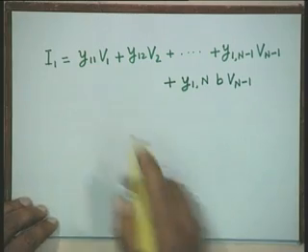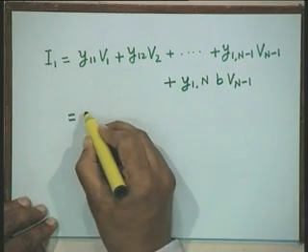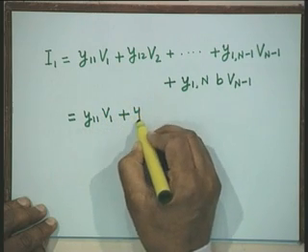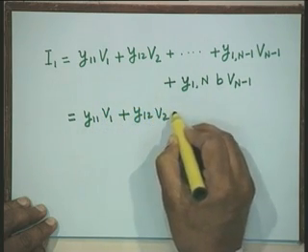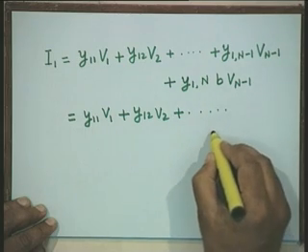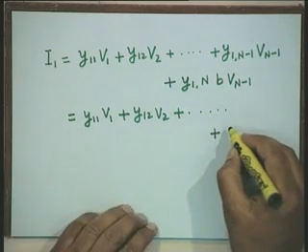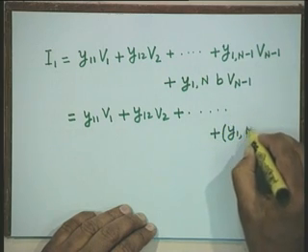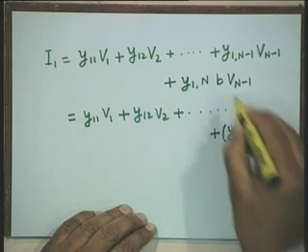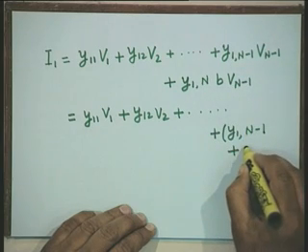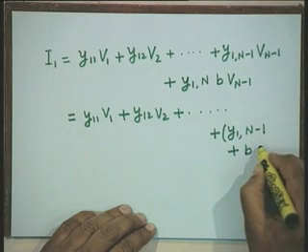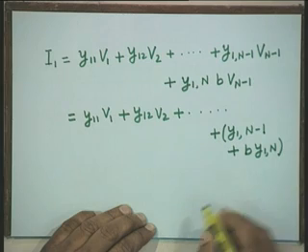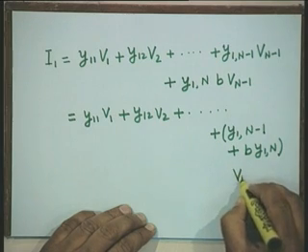Okay. Therefore, this equation now can be written as I 1 equals y 1 1 V 1 plus y 1 2 V 2, and the last term will now be y 1 n minus 1 plus B times y 1 n, where B is a complex number, into V n minus 1.